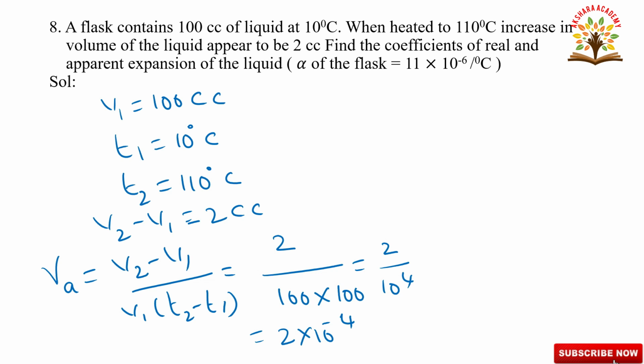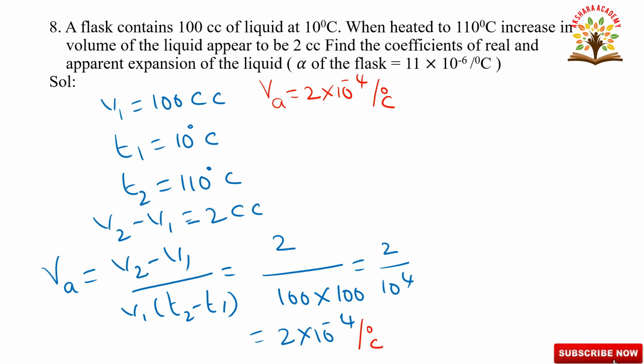So gamma A, the coefficient of apparent expansion of the liquid, is equal to 2 into 10 to the power of minus 4 per degree centigrade. Okay.